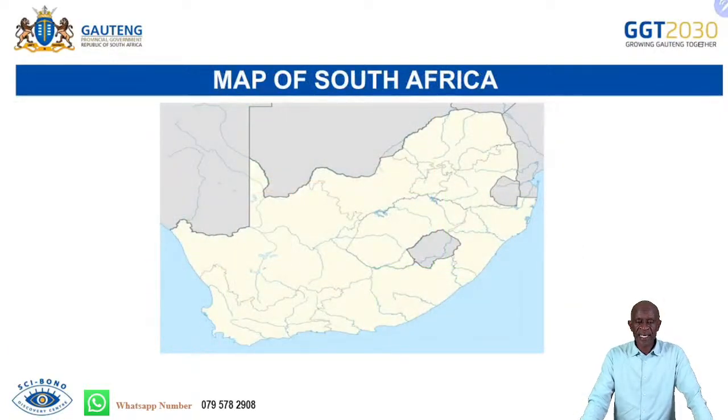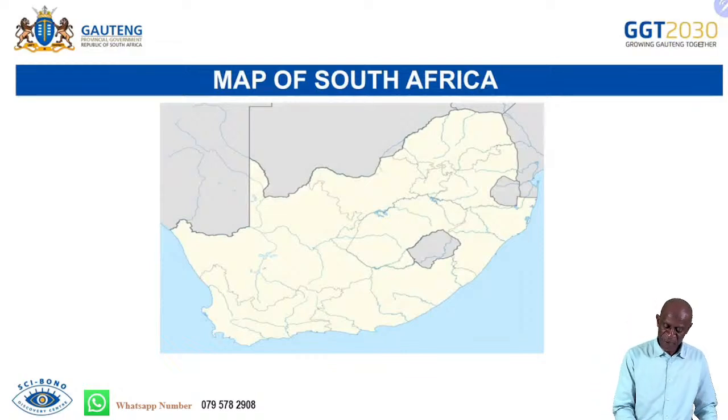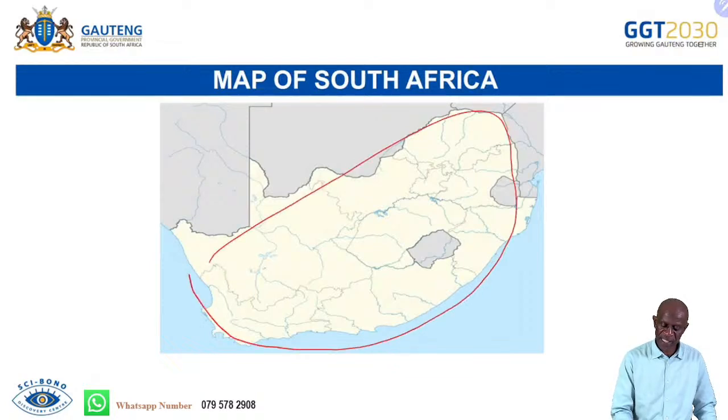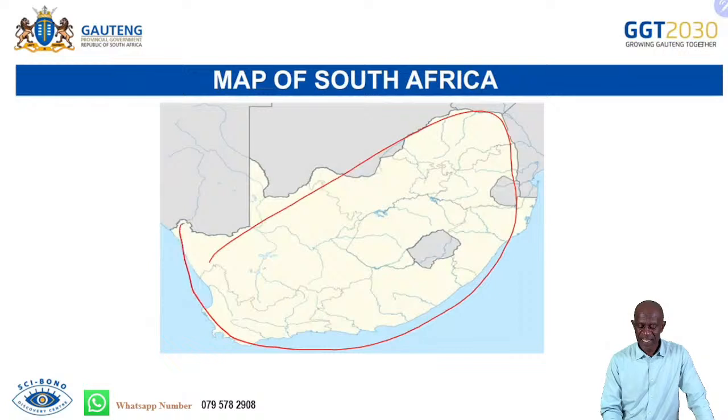The World Heritage Sites that we have listed in the previous slide are located in this map, and this is a representation of the 9 provinces of South Africa. This is our South African map, and the 10 World Heritage Sites are distributed in various provinces, in various locations of this South African map.